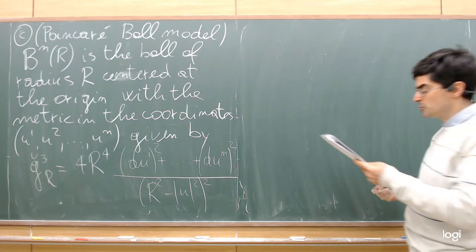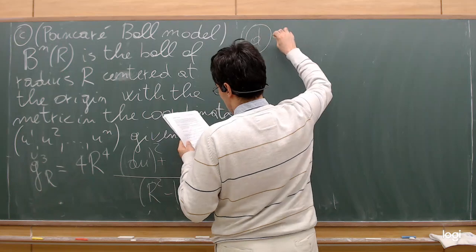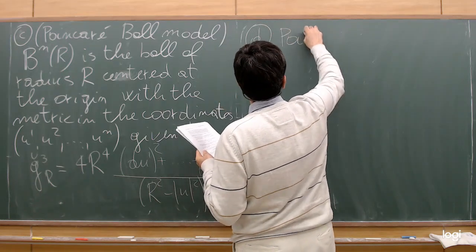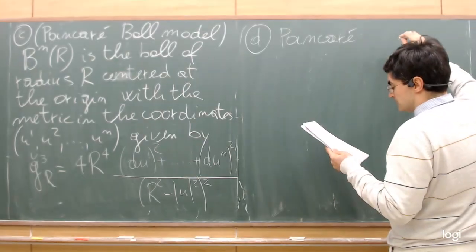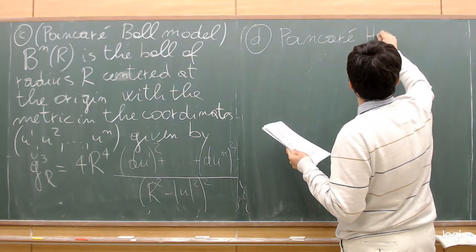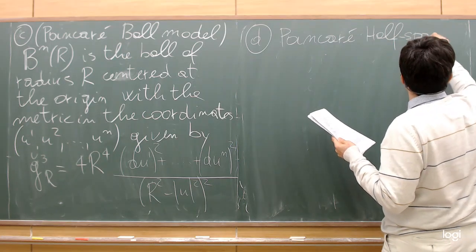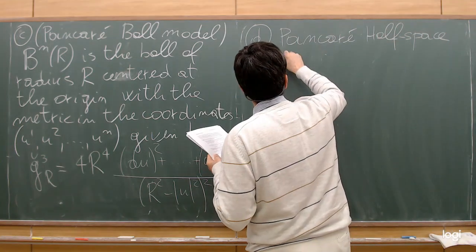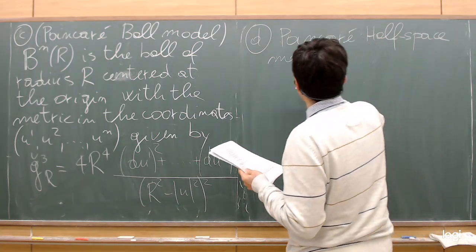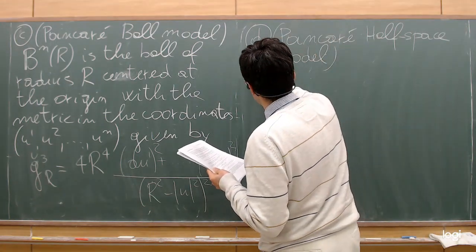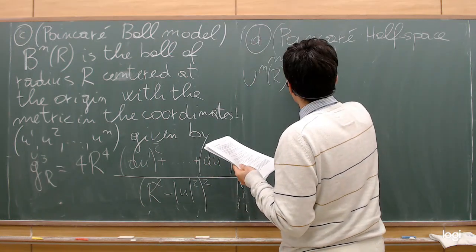The last model is known as Poincaré half-space model. It is denoted by U^n_R.